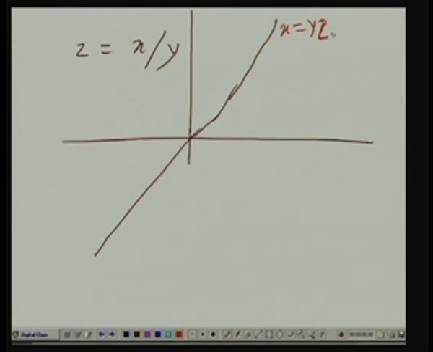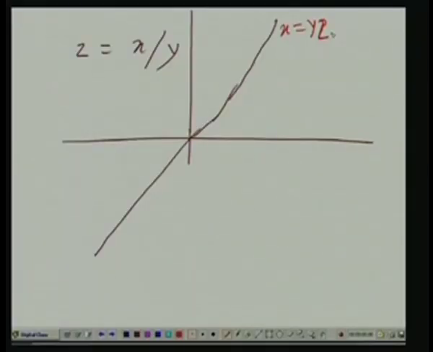That means, I have to first identify the areas in this plane where for any x y belonging to that area, x by y ratio is less than or equal to this capital Z. First consider where y is positive, and for our sake I am taking capital Z to be positive. You can apply the same logic for the negative Z case. Suppose y is positive.